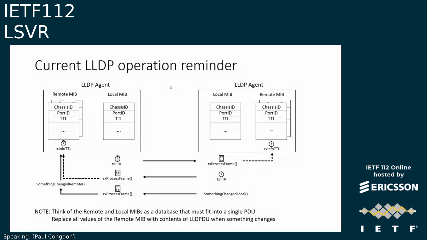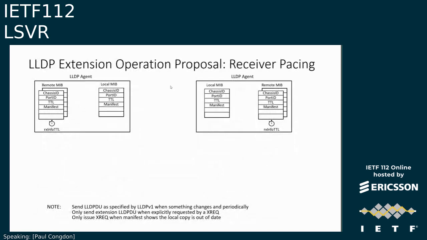So what we did to allow additional frames was create an extension protocol, if you will, that has what we call receiver pacing. In this scenario, let's assume something changes on this left agent's local MIB. He sends out a single LLDP frame, the same LLDP frame as before, but it contains a new TLV called a manifest TLV. That manifest TLV describes that there's more information available to be retrieved.